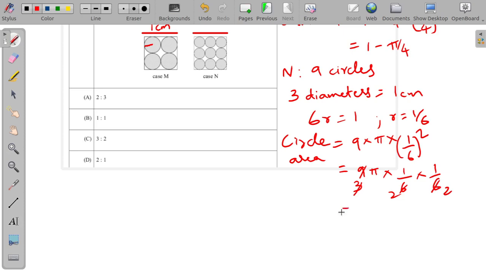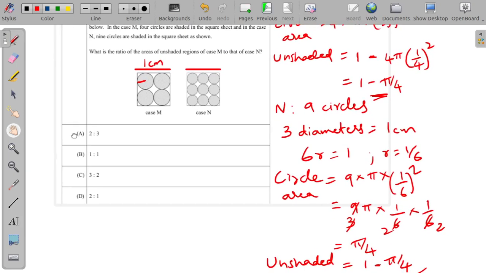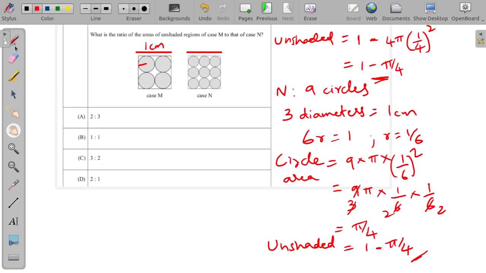This also gets cancelled. So this comes to again pi by 4. Finally, unshaded over here is 1 minus pi by 4 again. So the unshaded area in both cases is 1 minus pi by 4. See? So the required ratio is 1:1. Option B is the correct one.